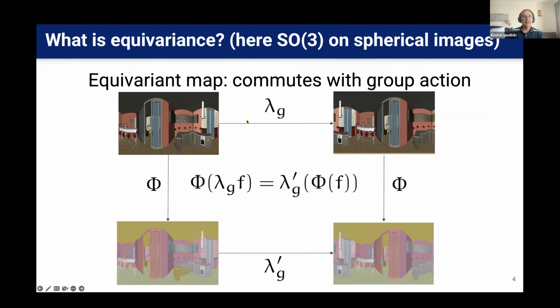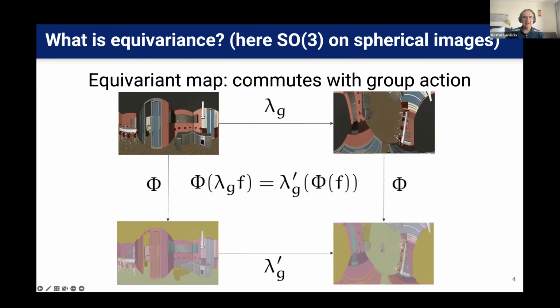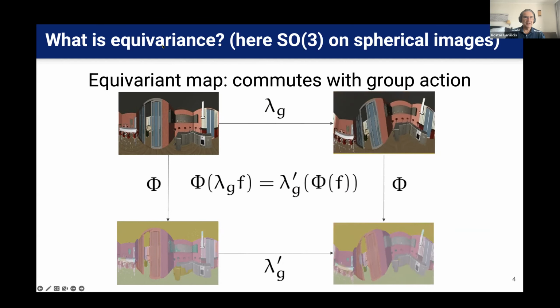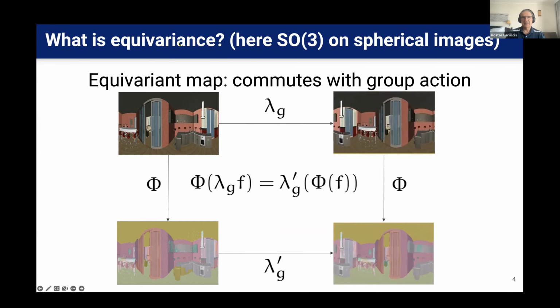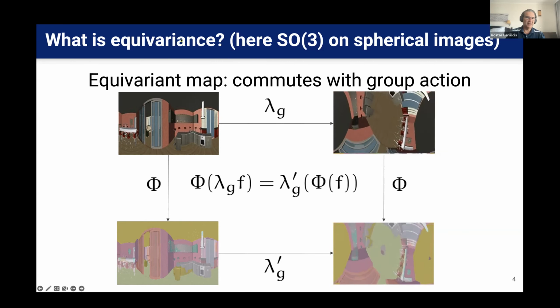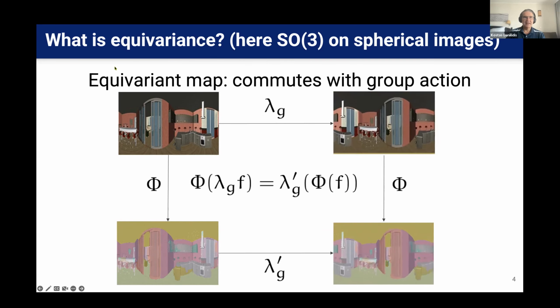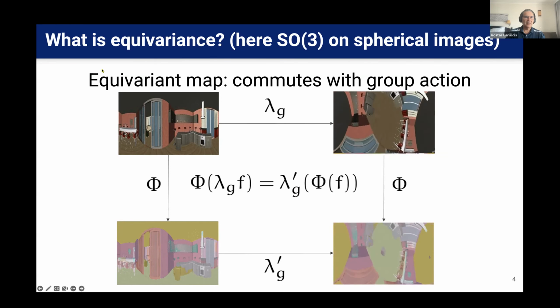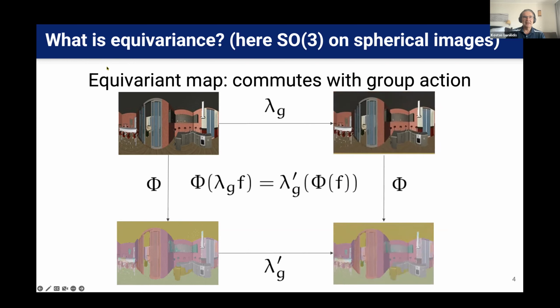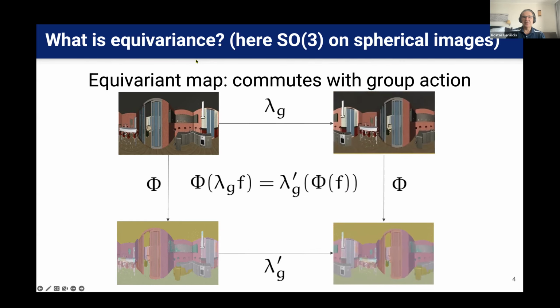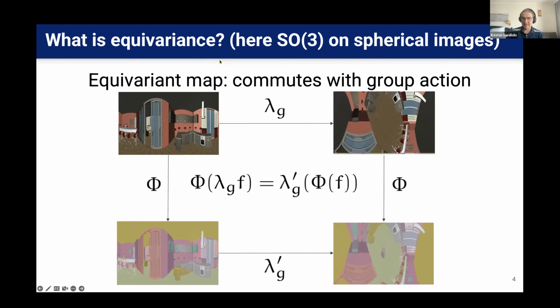How do we define equivariance? Let me present the case of SO3 acting on the sphere, with the function being a spherical image. We define an equivariant map as a map that commutes with the group action itself.